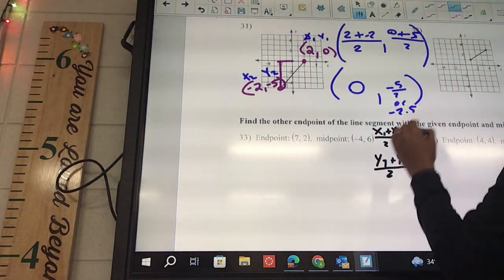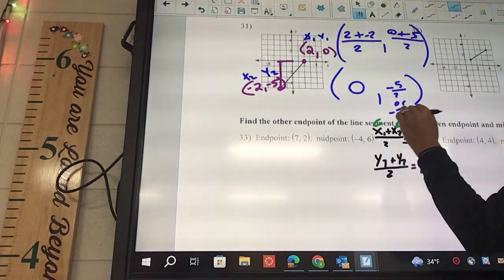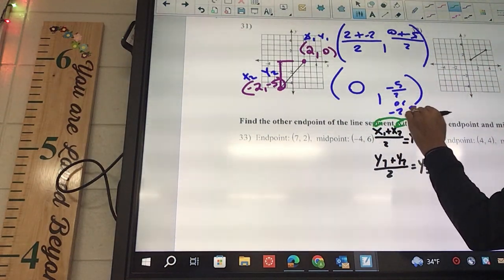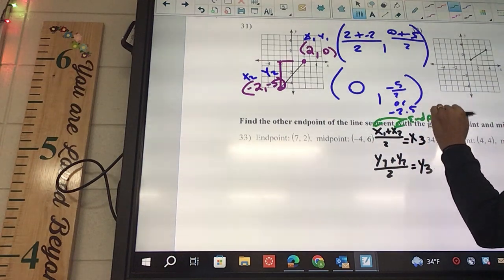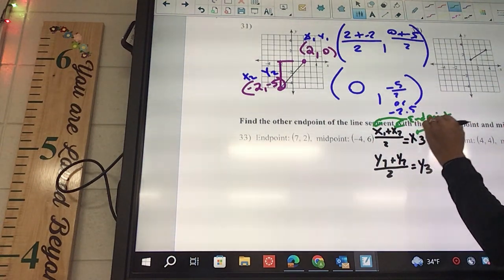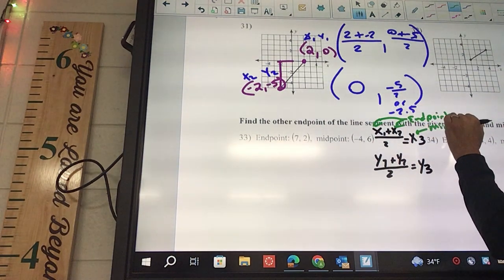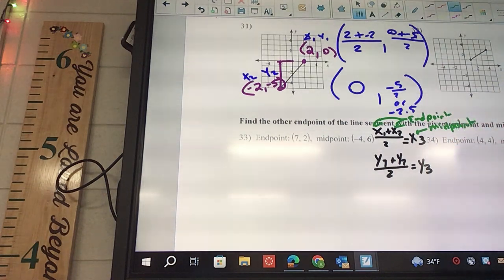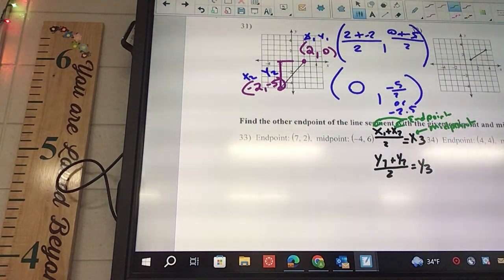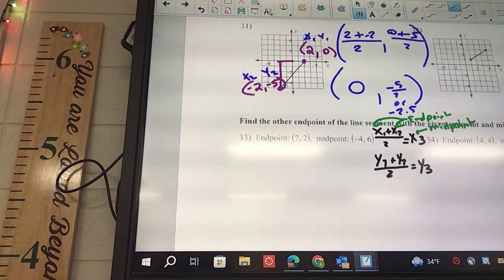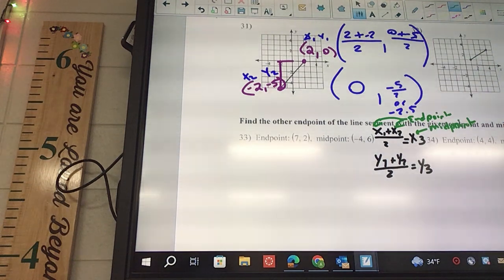Okay, if you recall, these are both endpoints, and this is a midpoint. So the x1 and x2 are endpoints, and the other one is going to be a midpoint.